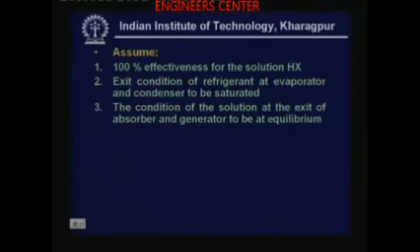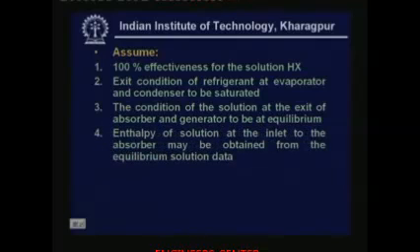That means at the absorber exit and generator exit, you have equilibrium solutions. And the enthalpy of solution at the inlet to the absorber may be obtained from the equilibrium solution data. That means the enthalpies at these 3 points, that is at the exit of the absorber and generator and also at the inlet to the absorber, can be obtained from the equilibrium data, that is what it means.